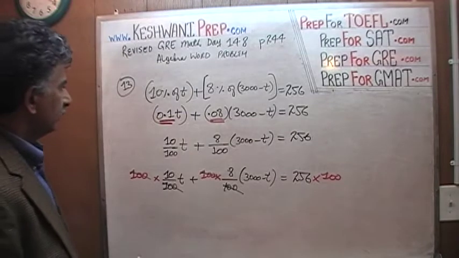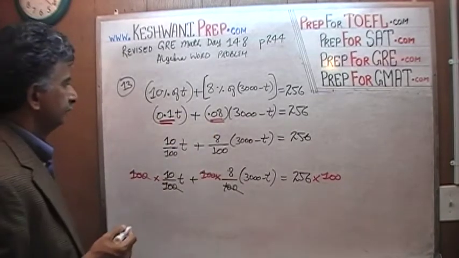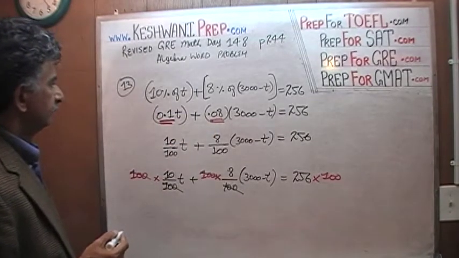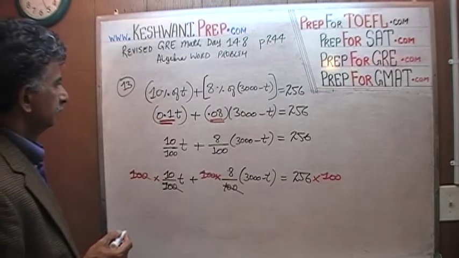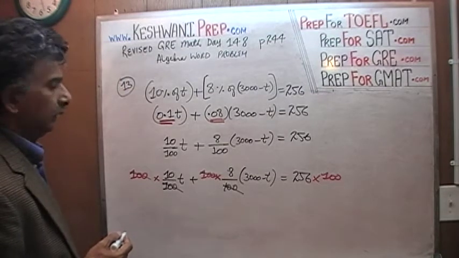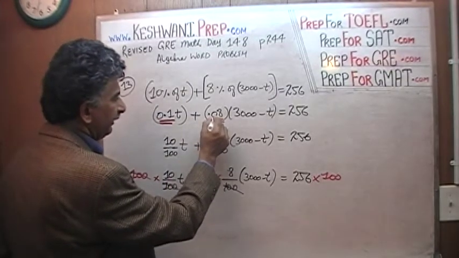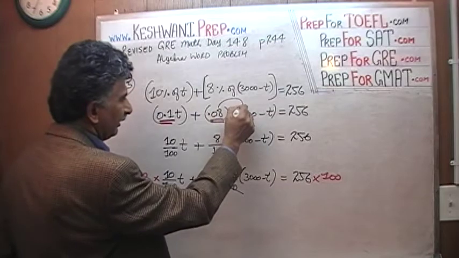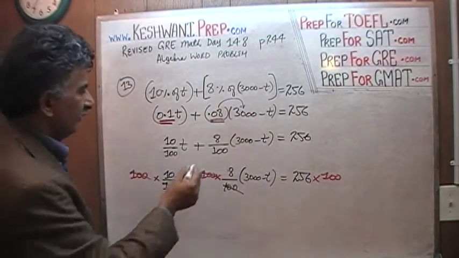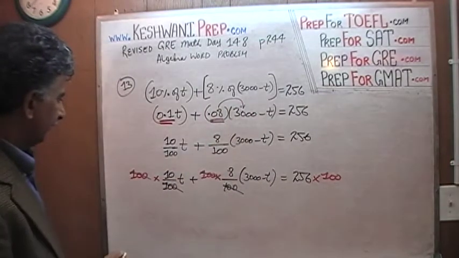I think I'm making it far too complicated. We could have taken care of that over there. Another reason I did not want to leave it like this is because I really didn't want to multiply 0.08 times 3000. It's much easier to just do it times 8. So anyway, we're done.